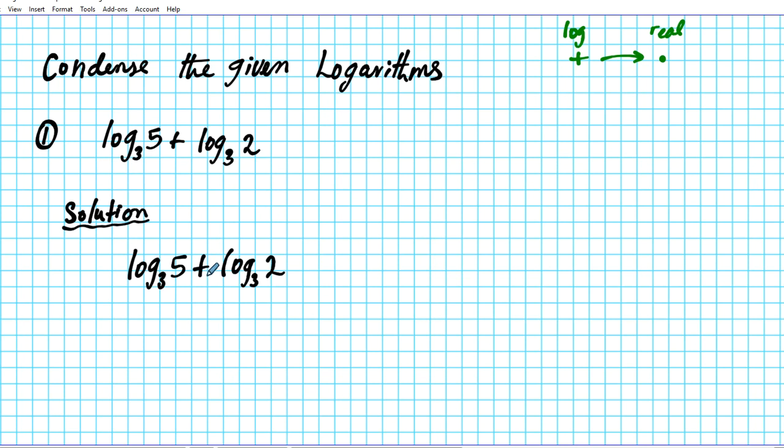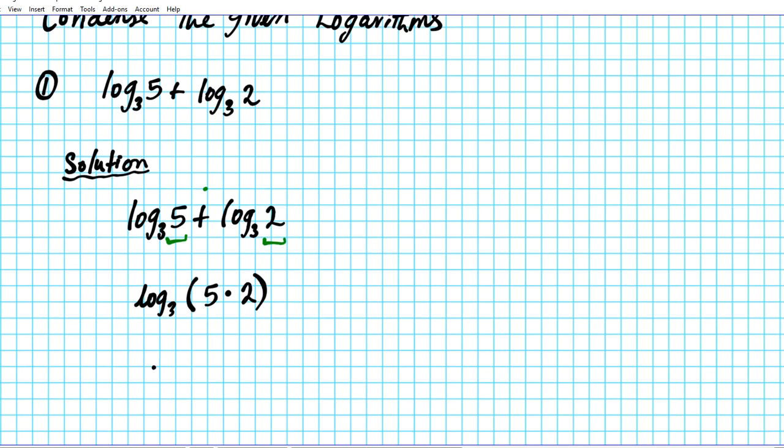So this plus right here is going to become a product of the logarithmic arguments, which is 5 and 2. Okay, so this is going to become a combined log base 3 of 5, and then this plus becomes times 2. All right, and then we can simplify this further. This becomes log base 3 of 10, and that's your final answer.